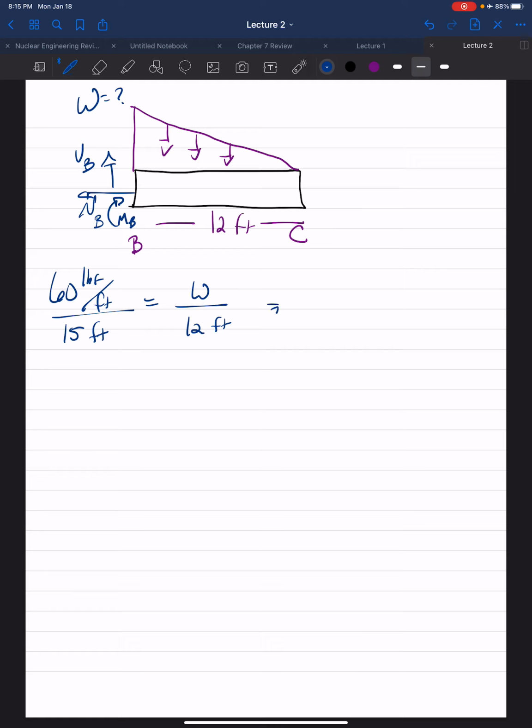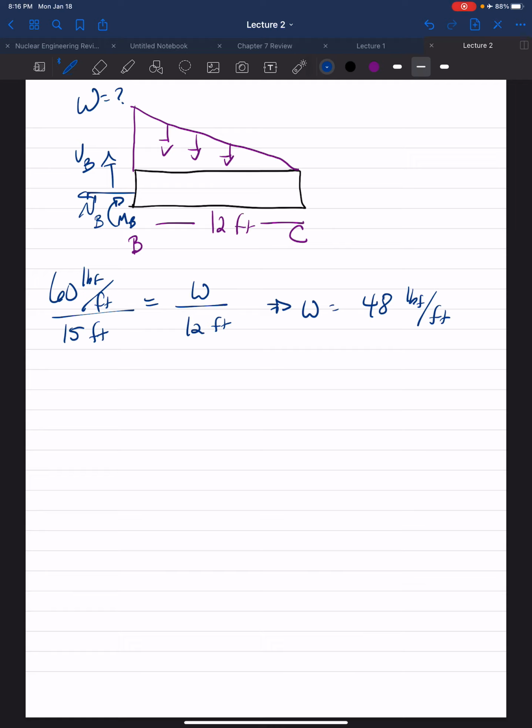Cross multiply and divide. Your new intensity is 48 pound force per foot for the distributed loading.